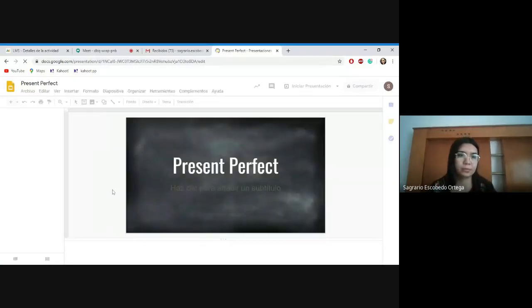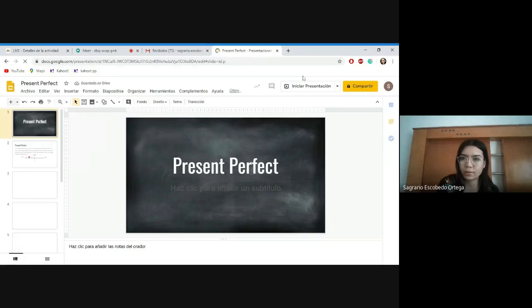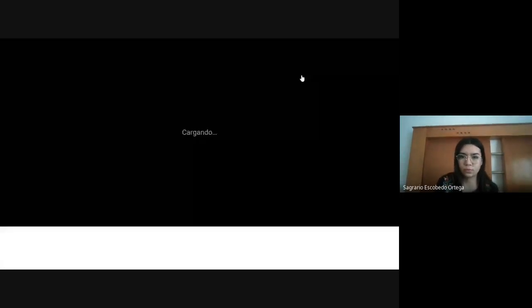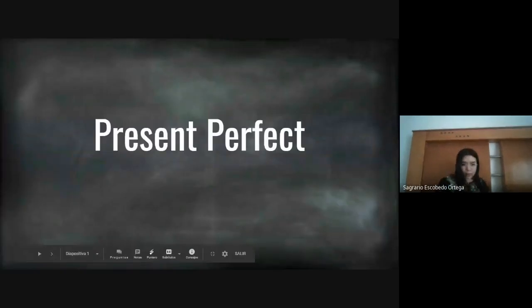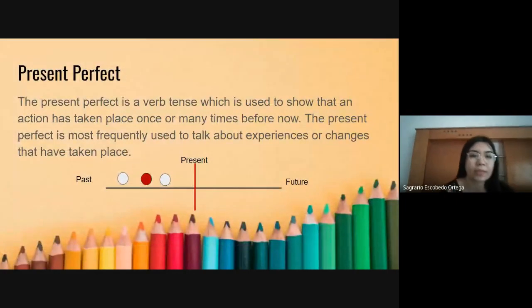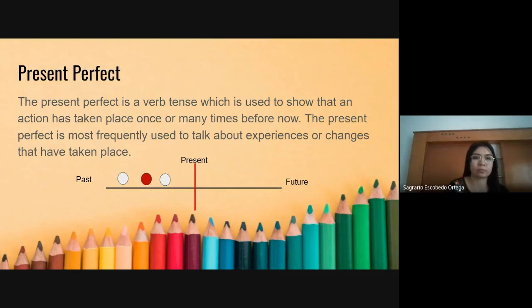Today, we're going to practice present perfect. The present perfect is a verb tense which is used to show that an action has taken place once or many times before.